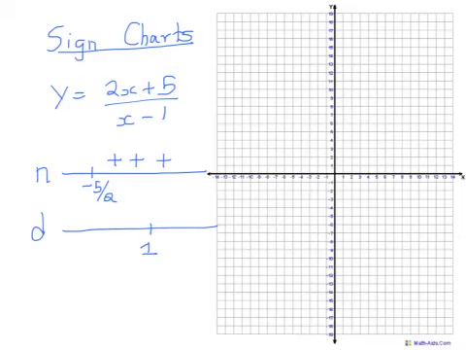So let's say we plug in negative 10, we would find that to the left we would have negatives. In the denominator, you would plug in a big positive number that's greater than 1. So let's say you plug in 10, you would find that to the right we would have positives, and to the left, when we plug in a number less than 1, let's say negative 10, we would have negatives. And that's how you find the sign charts.